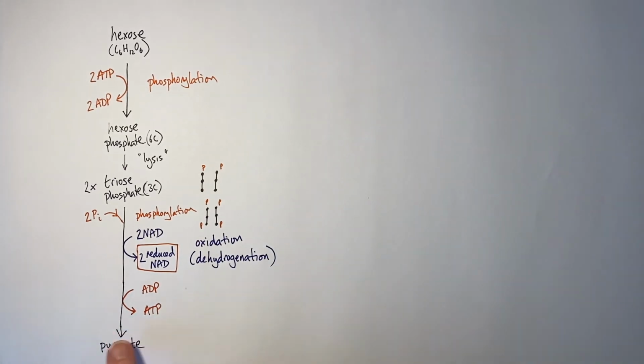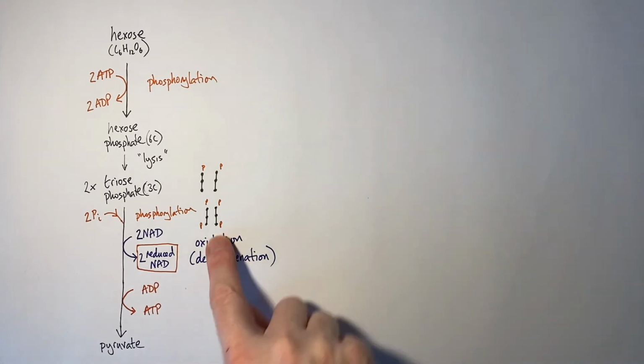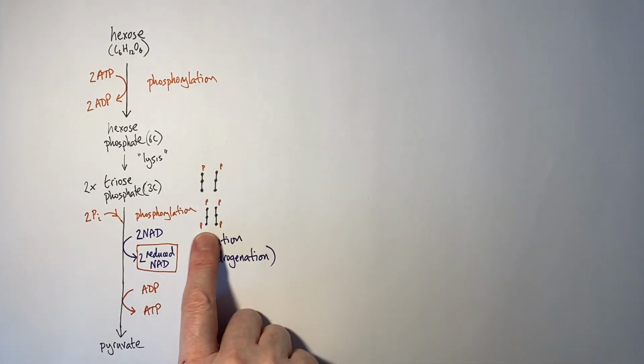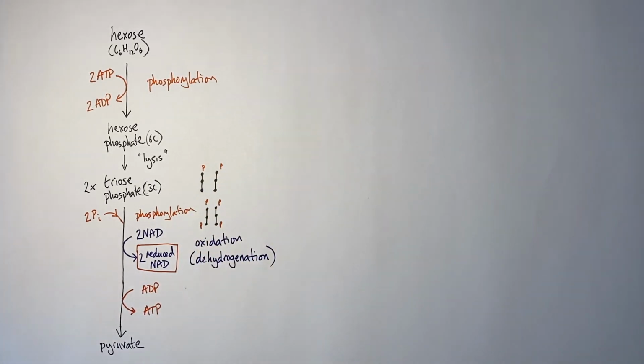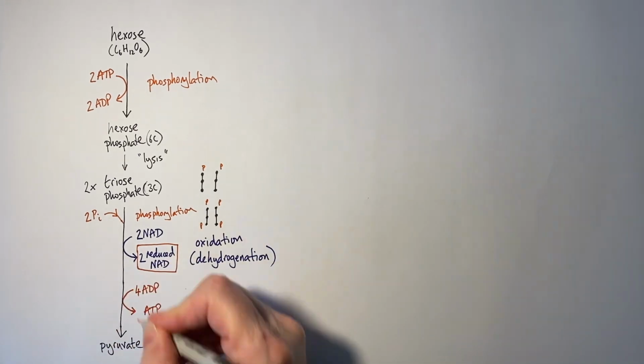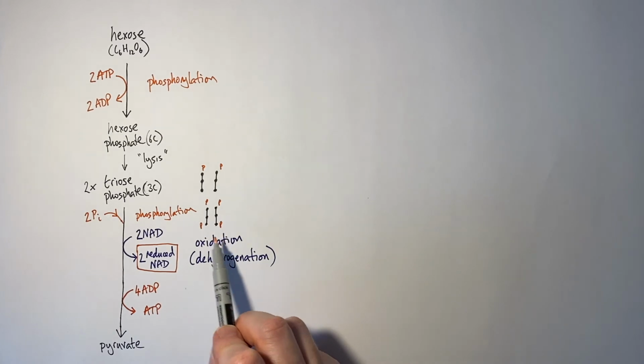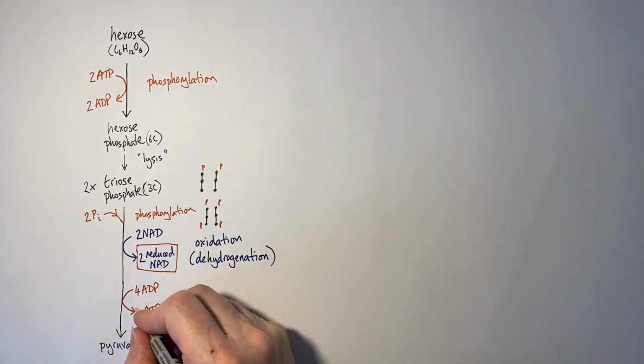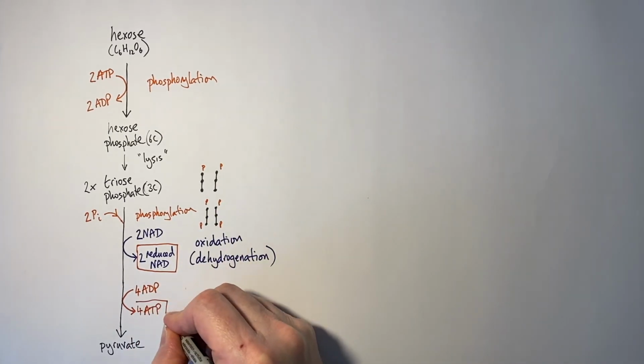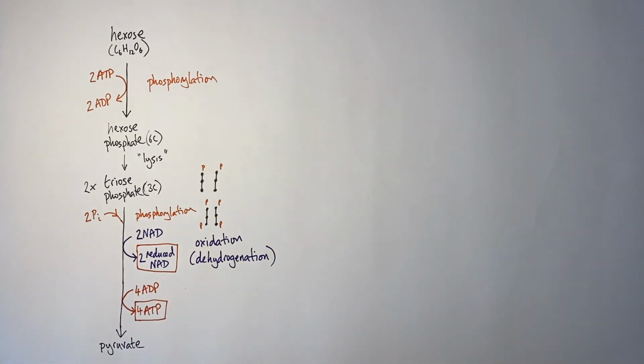So finally, we're left with molecules which have got 4 phosphate groups on them. And each of those phosphate groups can be removed and added to ADP. So we get 4 ADP coming in, and each of those takes away a phosphate group. So we get 4 ATP formed at the end.